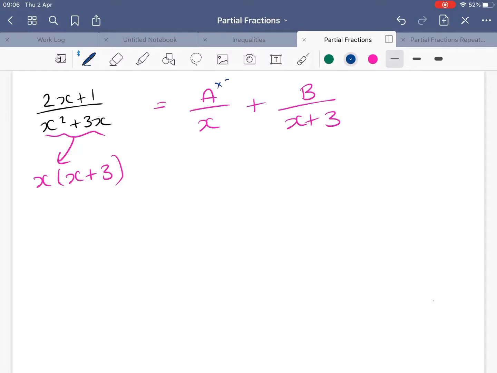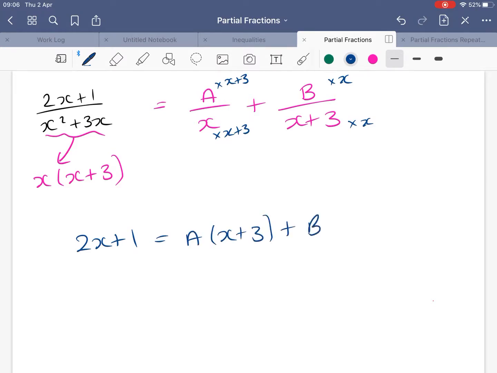So again, you'd have to think, I need to times the top and the bottom to make the denominators the same. So I'd get my 2x plus 1 equals a times x plus 3 plus b times x. Now, if you notice on this one, I didn't bother to write the denominators down because I know I'm going to take the step where I'm going to then eliminate the denominators.